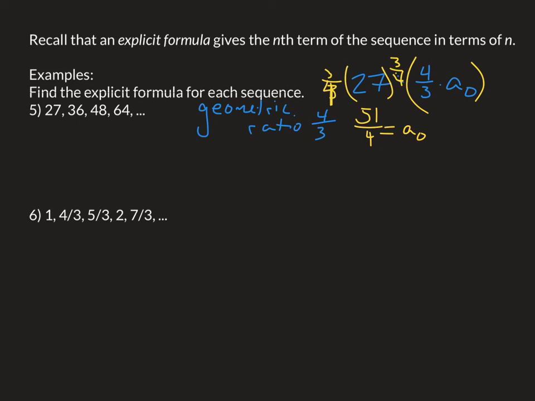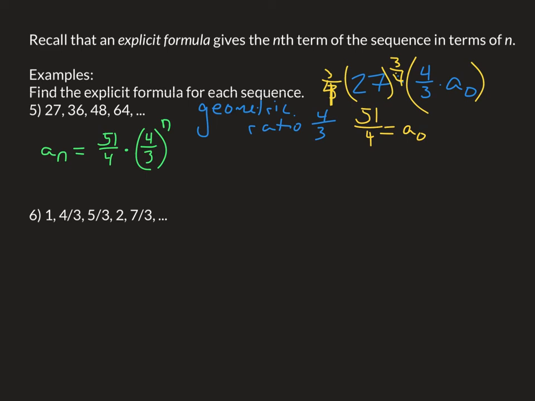So our explicit formula for the geometric sequence, a sub n equals our 0th term, 51/4, times, and then we're going to take that number times 4/3, however many times we need to. And when we do repeated multiplication, we show that with an exponent.